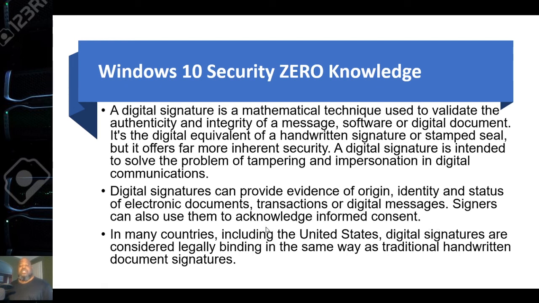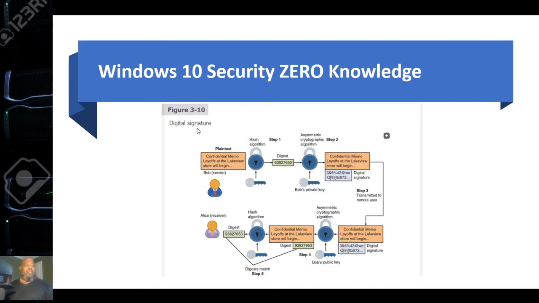Signers can also use them to acknowledge informed consent. In many countries, including the United States, digital signatures are considered legally binding in the same way as traditional handwritten document signatures. So once again, a digital signature is legally binding, like a handwritten signature on a contract.